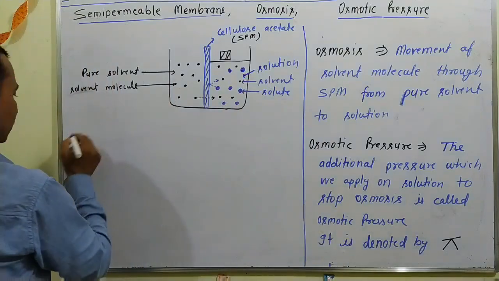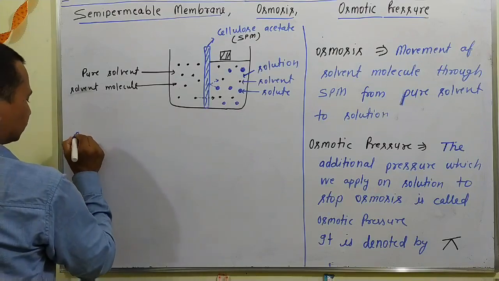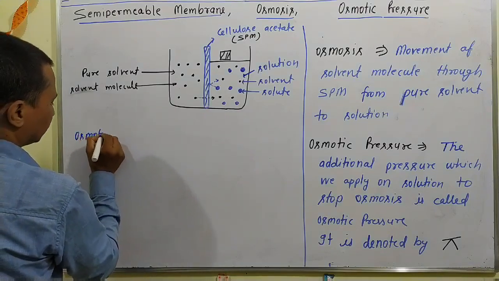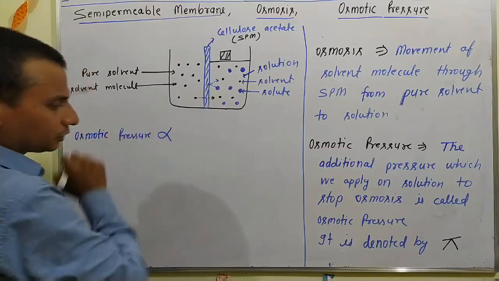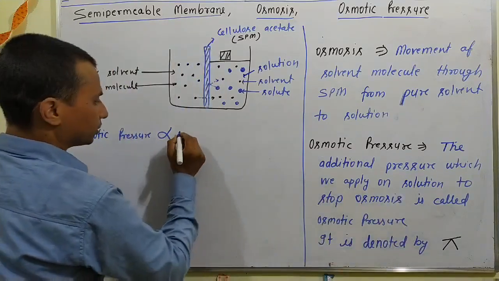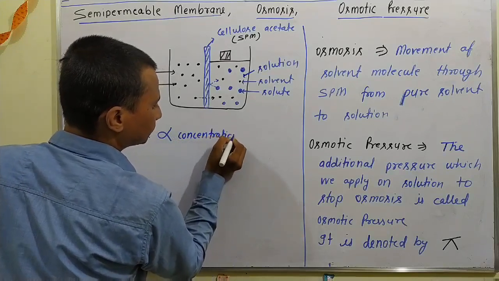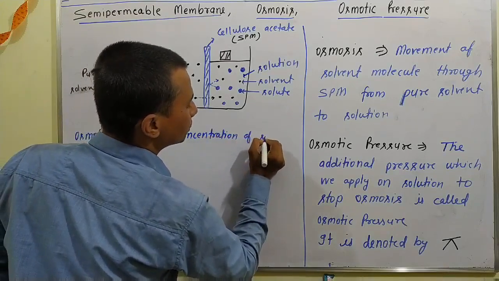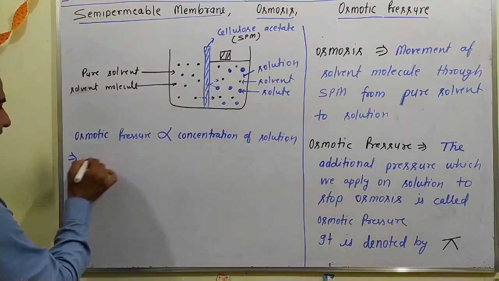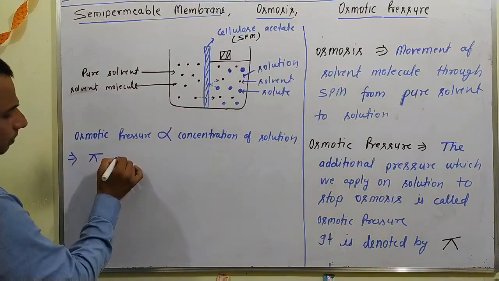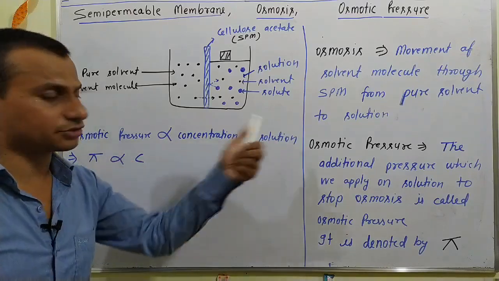So osmotic pressure is proportional to concentration of solution. Mathematically, pi is proportional to C, where C is the denotation of concentration of solution.